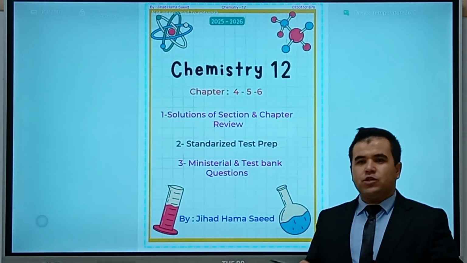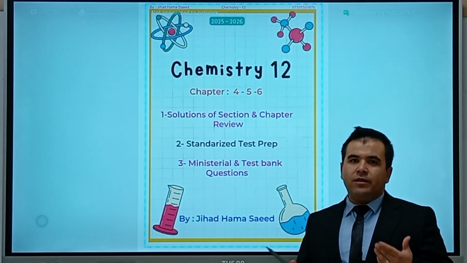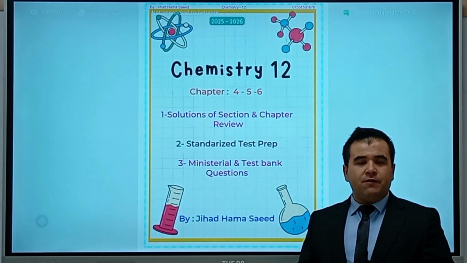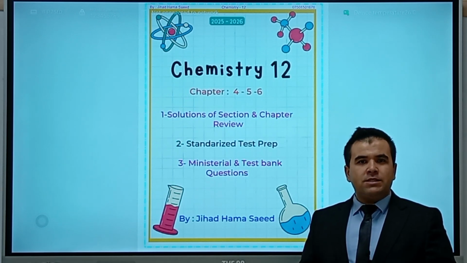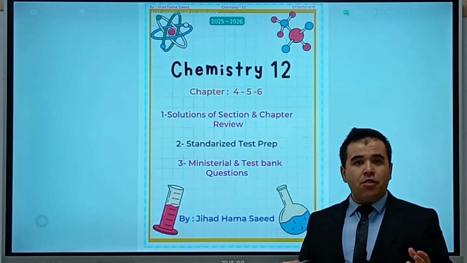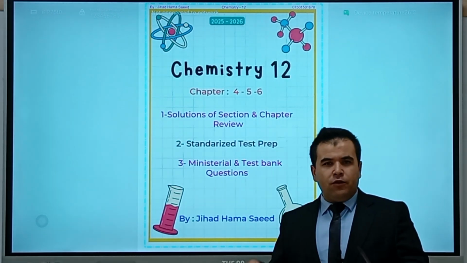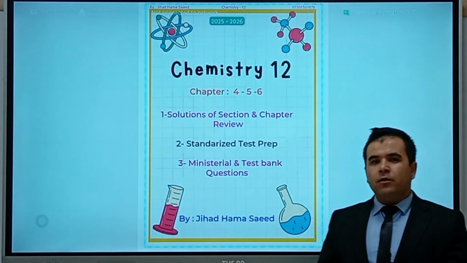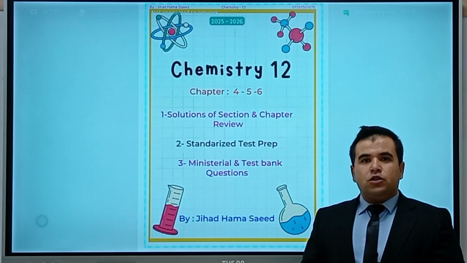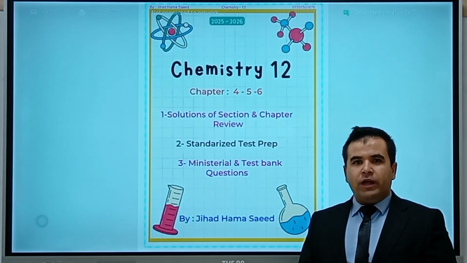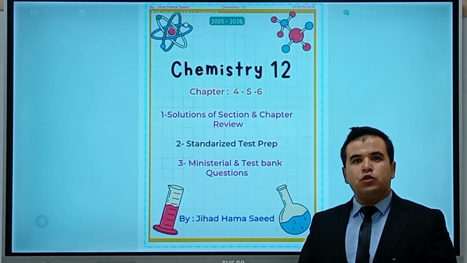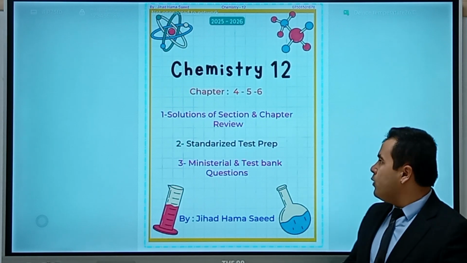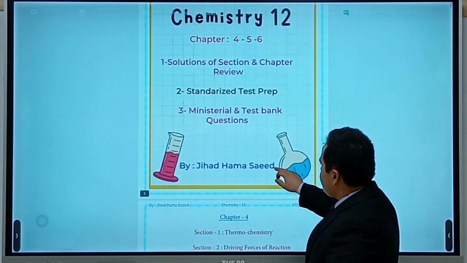Define thermochemistry, define heat, temperature, and then we'll be talking about the specific heat, and at the end of the section we'll be talking about the enthalpy of the reaction, the enthalpy of formation and combustion as well. The second section will be about the driving forces of the reaction, and we'll be talking about the spontaneity of the reactions, guys.